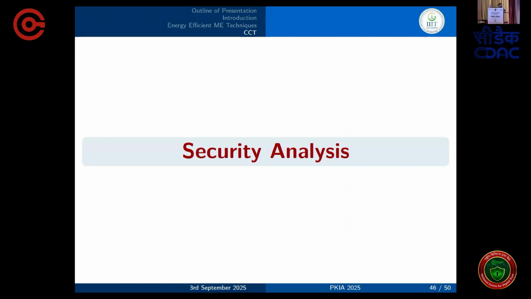Now, indirectly, in the entire flow I have already discussed the security analysis also. These techniques are not vulnerable to any side channel attack. And of course, these are also not vulnerable to the existing post-quantum cryptography techniques. What do the existing post-quantum attacks do? They break the keys by brute force, by making use of the power of computation. As of now, there is no new technique to recover the key.